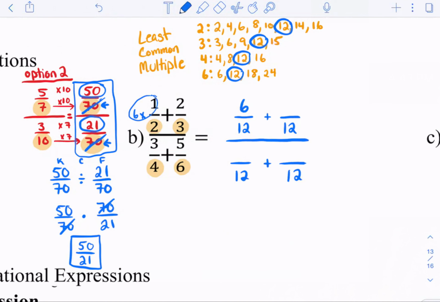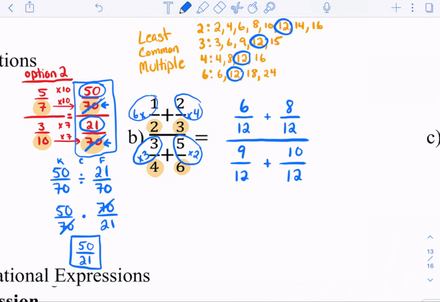For here, we had to multiply by 4. So 2 times 4 is 8. For here, we had to multiply by 3. So 3 times 3 is 9. And here we had to multiply by 2. So 5 times 2 is 10.